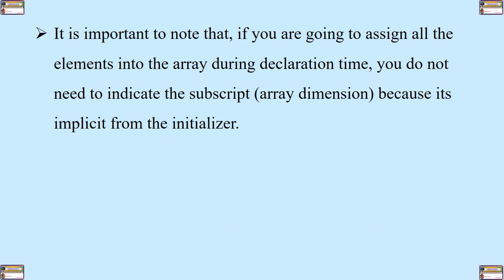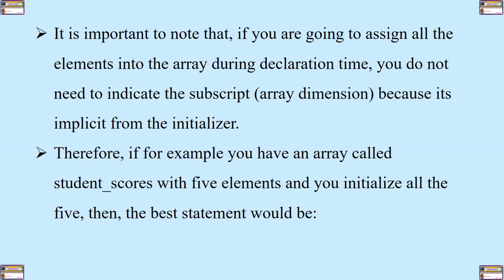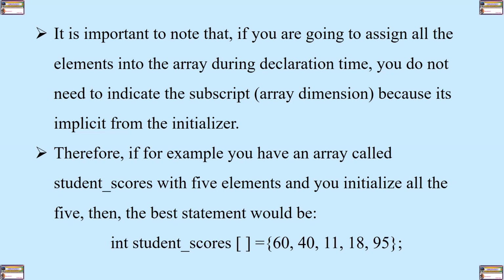It is important to note that if you assign all the elements into the array at declaration time, you do not need to indicate the subscript or array dimension because it is implicit from the initializer. Therefore, if you have an array called student scores with 5 elements and you initialize all of them, then the best statement would be like that. Leave the size out.